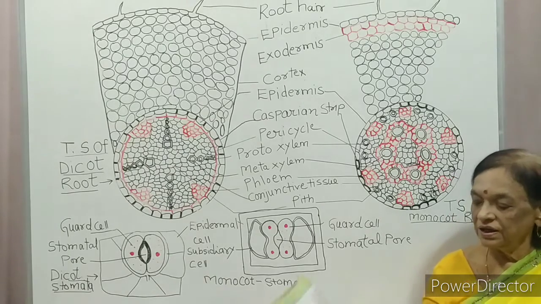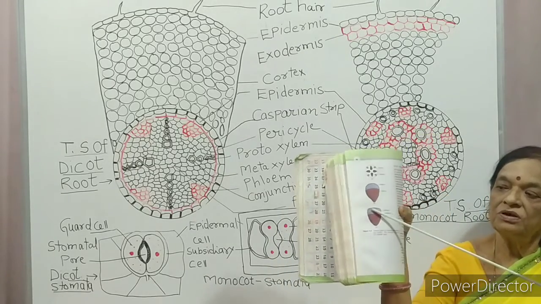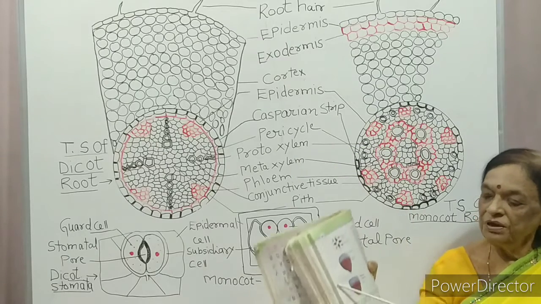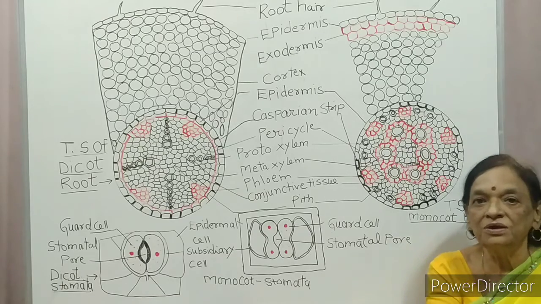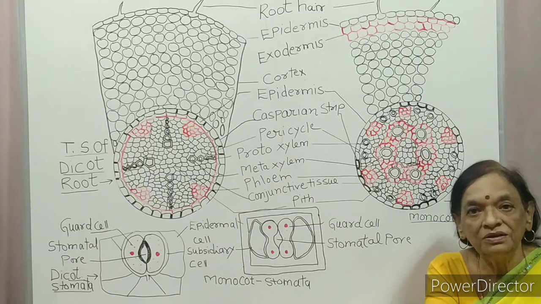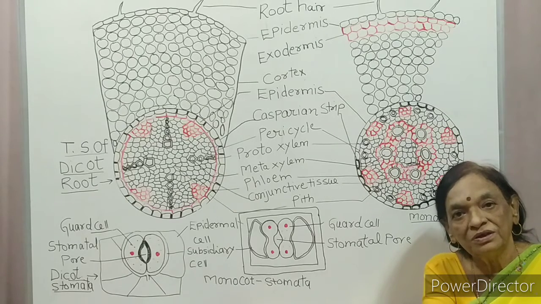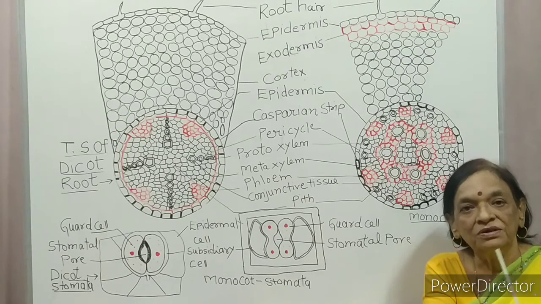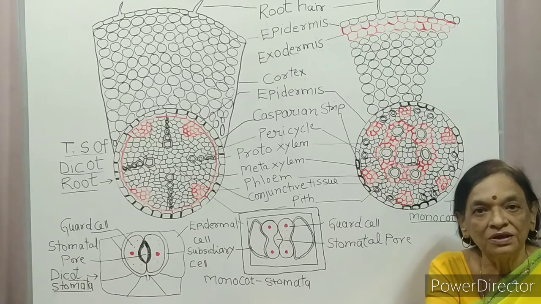Look into the third diagram. If in between phloem and xylem cambium is present. What is cambium? Lateral meristem, which has ability to divide and redivide and form new cells. So some vascular bundles have cambium in between xylem and phloem. It is called the open vascular bundle.